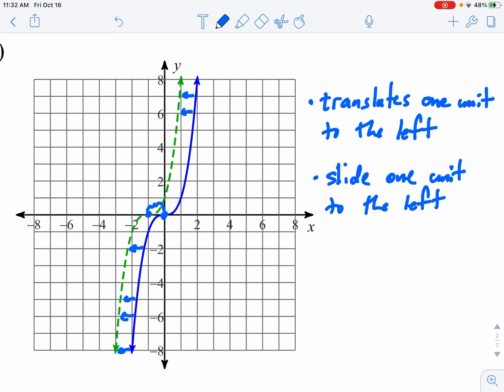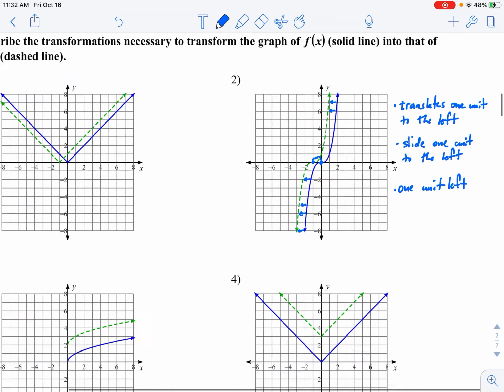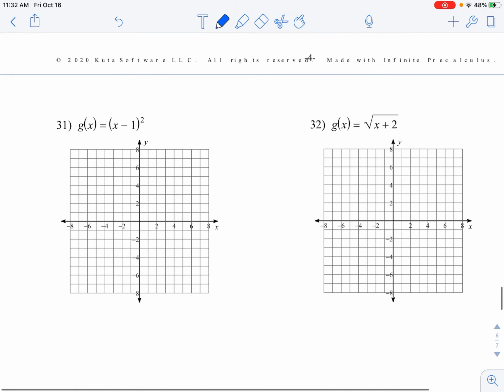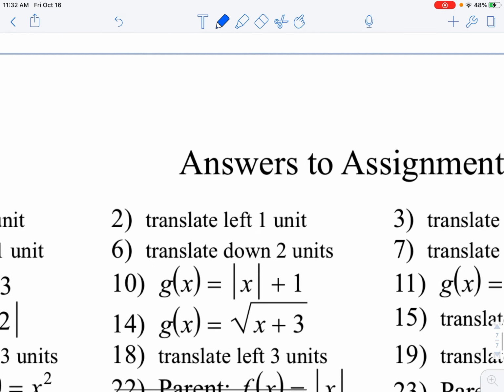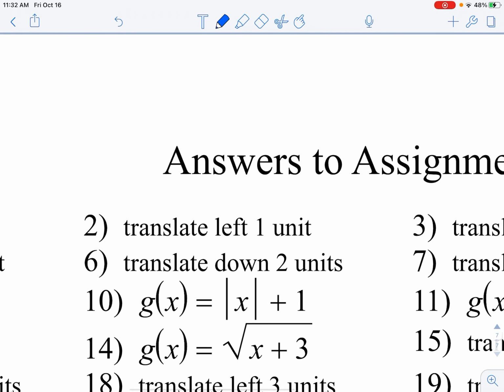Or if you're the type who really loves being brief, you can just say 1 unit left. So any one of those answers to me is fine. Let's check the answer key and see exactly how it's phrased by the publisher. Translate left 1 unit. Okay, so there's something that I didn't write, but it means the same thing.